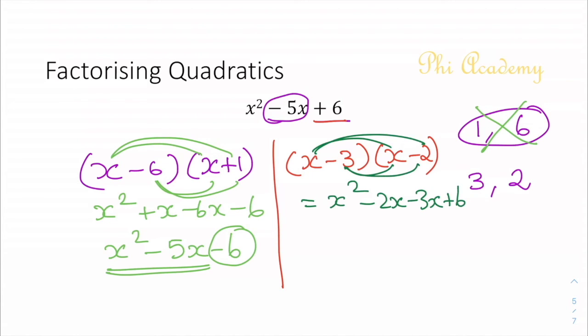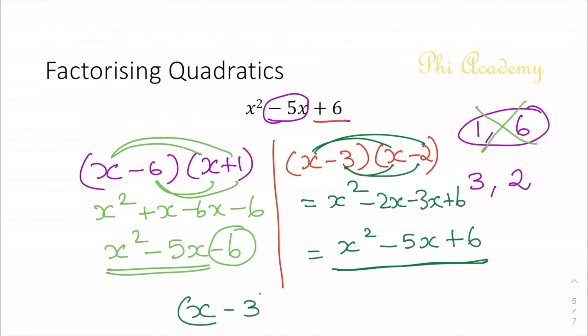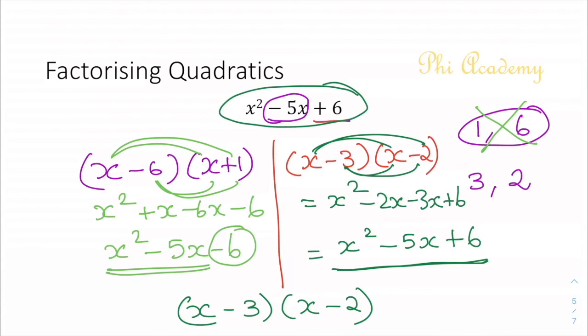Collecting like terms, I get x squared minus 5x plus 6. So therefore, x minus 3 and x minus 2 is the correct factorization of x squared minus 5x plus 6.